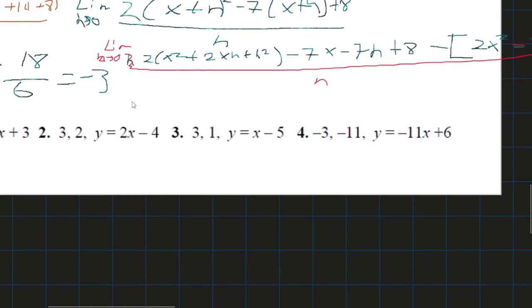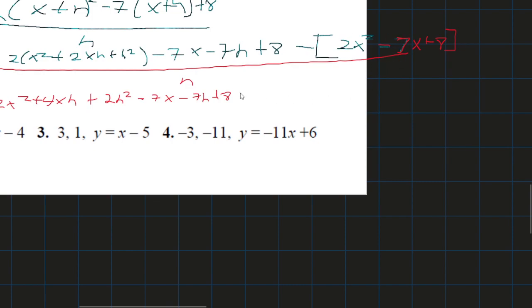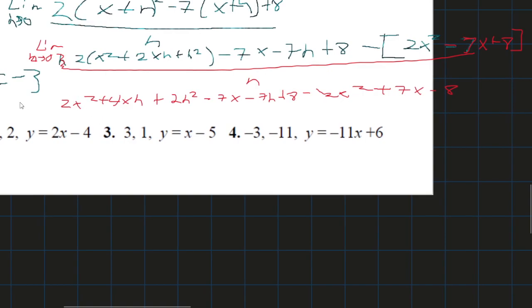After this, we can actually substitute 2x plus 4x, 4xh plus 2h squared minus 7 plus 8. And I'm going to distribute everything here, which is going to be negative 2x plus 7x minus 8x.